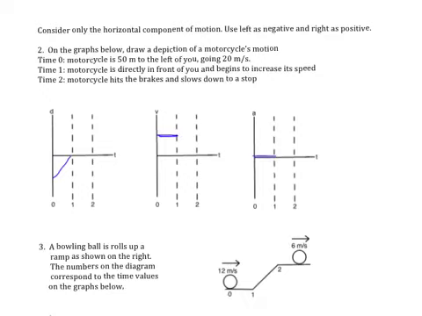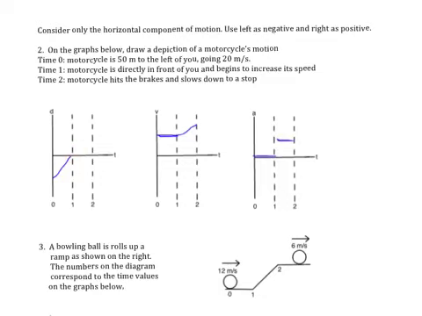Now, at time 1, the motorcycle is directly in front of me and begins to increase its speed. So it's going to go faster, which means it now has a positive acceleration. And that means its velocity is going up. And that means this is going to start at the slope it's at and curve upwards.